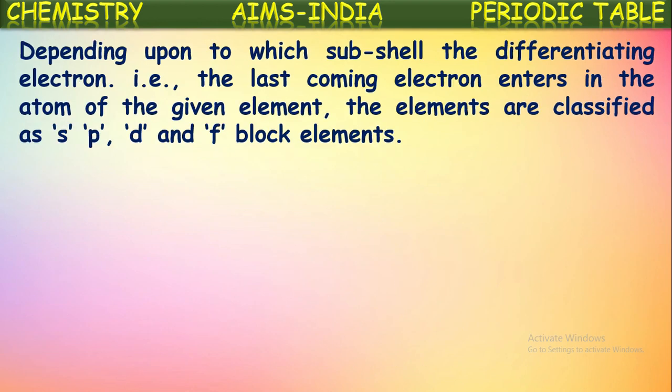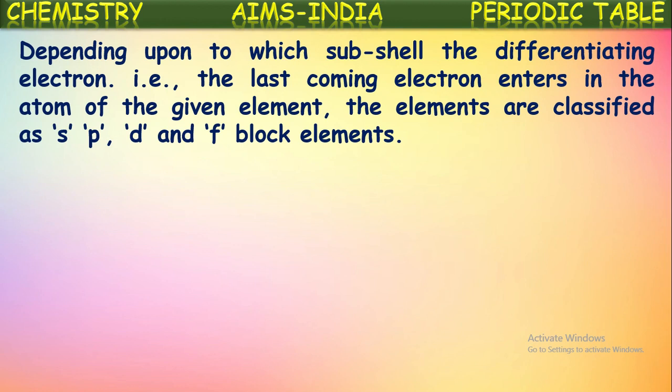Depending upon to which subshell the differentiating electron enters in the atom of the given element, the elements are classified as s, p, d and f block elements. Yes, based upon the position of the differentiating electron. What is meant by differentiating electron here? Differentiating electron means the last electron of that element, or the last coming electron.